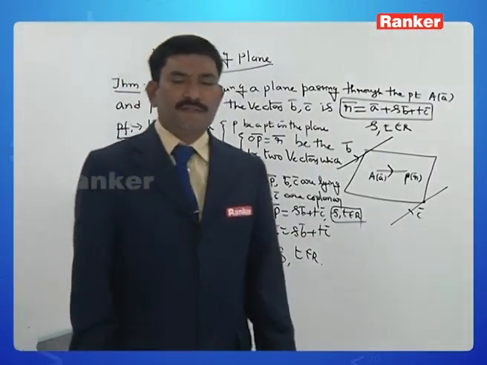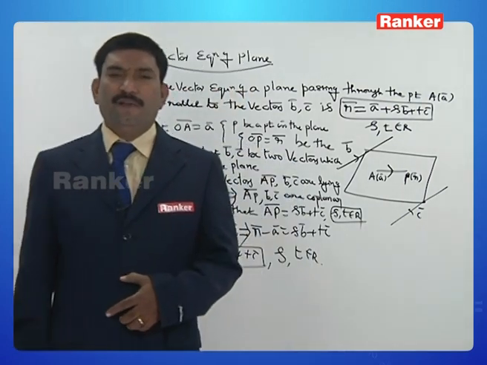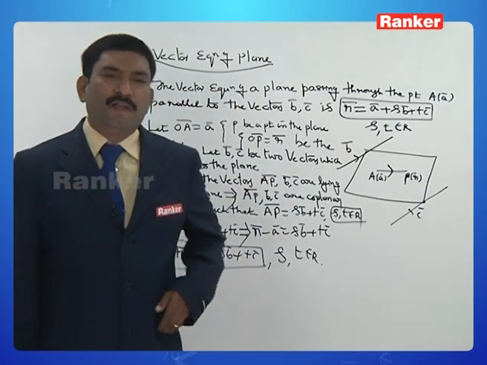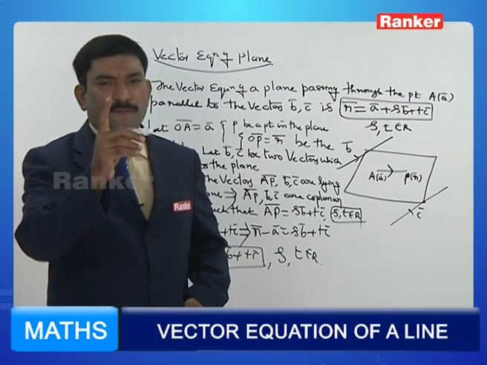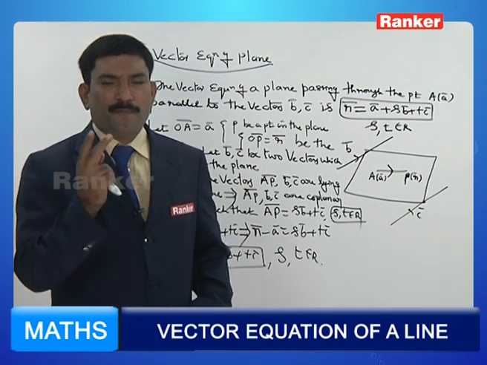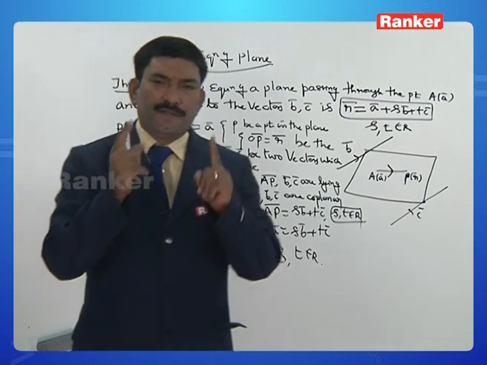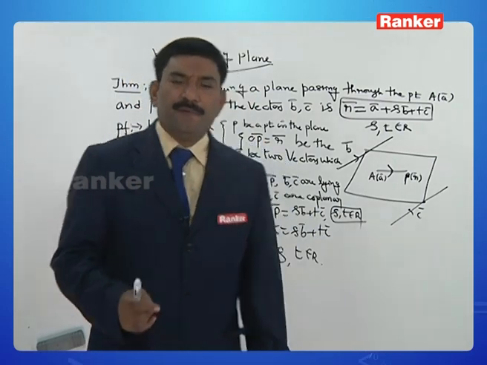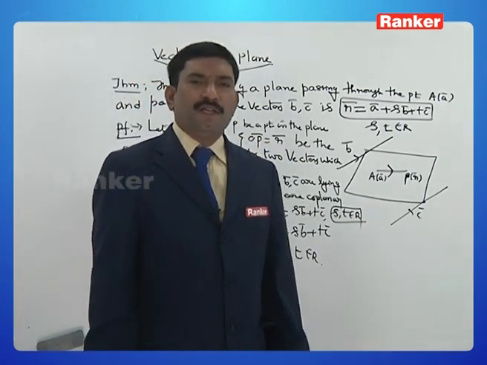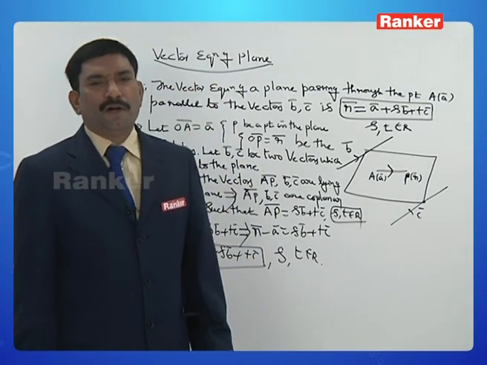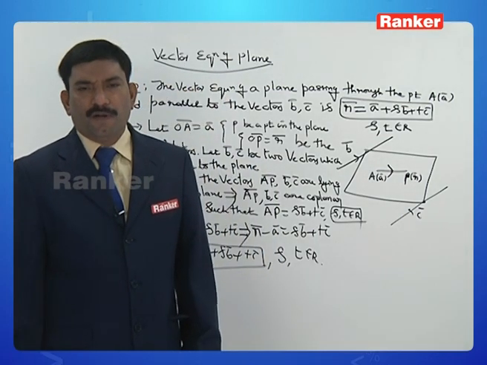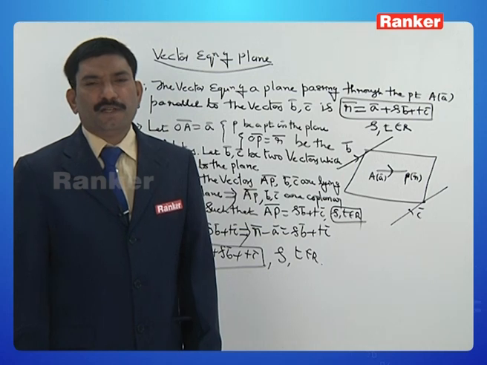Yes, students, today we arrived at the vector equation of a plane passing through one point and parallel to two vectors, B bar and C bar, given by R bar is equal to A bar plus S into B bar plus T into C bar.